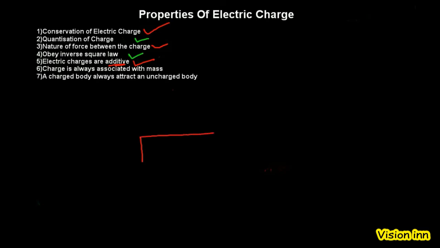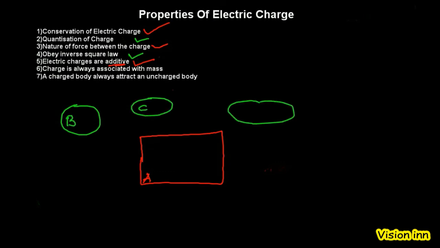Let us consider this body, I will name this as A. There are other bodies surrounding this, B, C and D. First I rub these two bodies A and B, and what happens is that B loses electrons and gains a positive charge of 3e. So A will have a negative charge, since B has lost electrons to A.